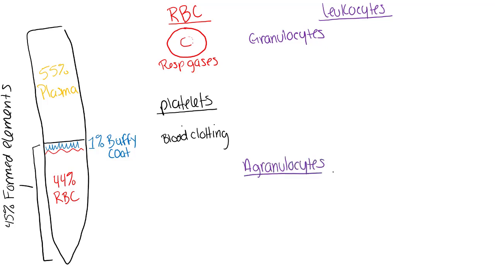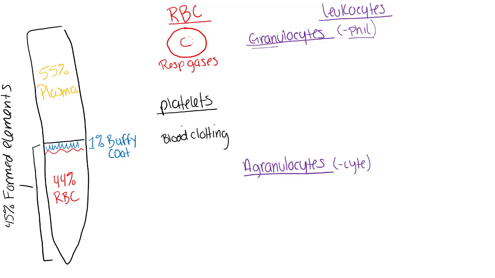Granulocytes means that you can see their granules or their organelles underneath the microscope. Agranulocytes means you can't see these organelles. Now, all of our granulocytes are going to end in "-phil", while all of the agranulocytes will end in the word "-cyte". So I always tell my students, pretend like you have a grandpa Phil.